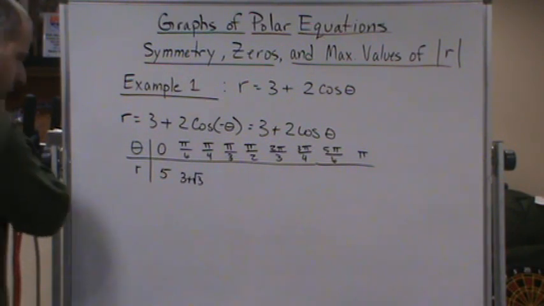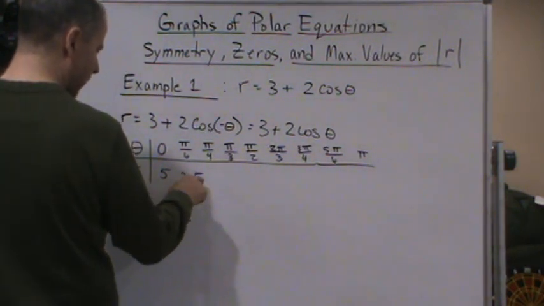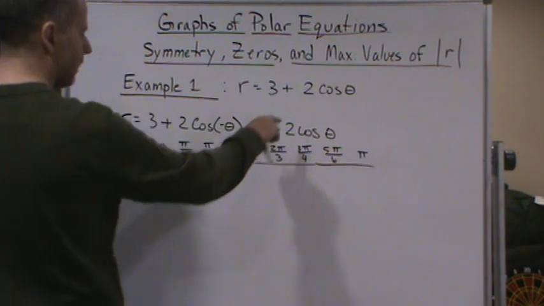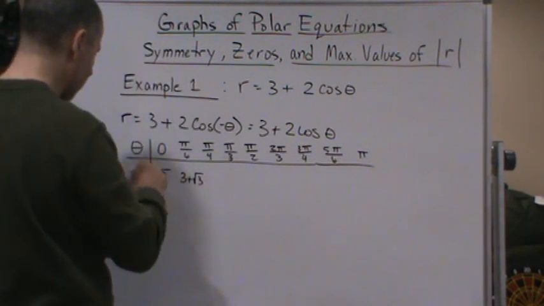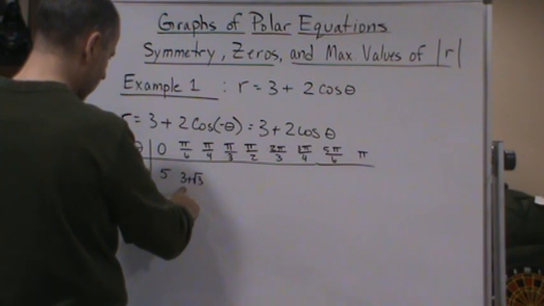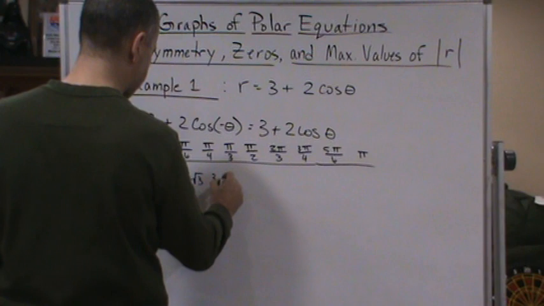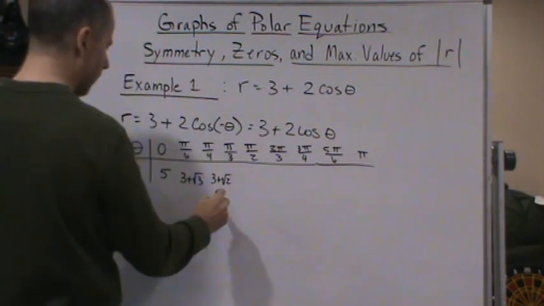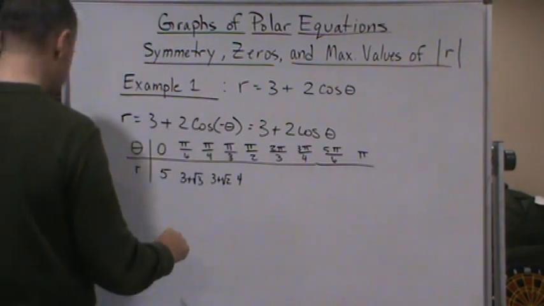Oh, actually, wait, square root of 3. Yeah, it's going to be bigger than 4.5, I think. So then this is square root of 2 plus 3, which is going to be 4. Yeah, so this is going to be 3 plus root 2. And then this is going to be 4, right?